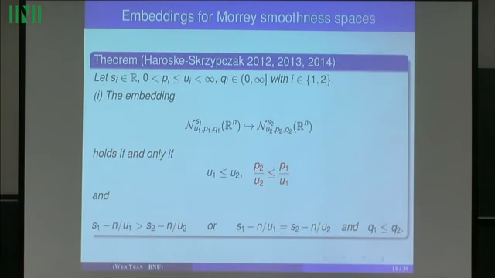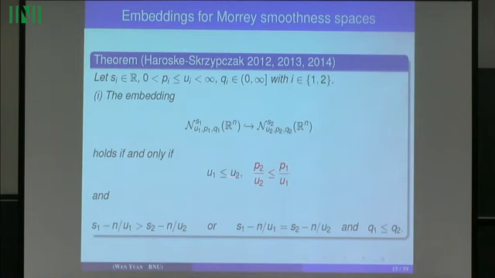Concerning the Morrey smoothness spaces, the situation is also very clear. It was considered by Haroske and Skrzypczak during 2012 and 2014. We first consider the Sobolev type embedding. For Besov-Morrey spaces, such embedding properties hold true if and only if these two inequalities are true. If we compare these results with the classical Besov condition, we can see that now the Morrey parameter u in some sense replaces the integrability parameter p, because for Besov spaces the condition is p1 less than p2, but for Besov-Morrey spaces it becomes u1 less than u2.